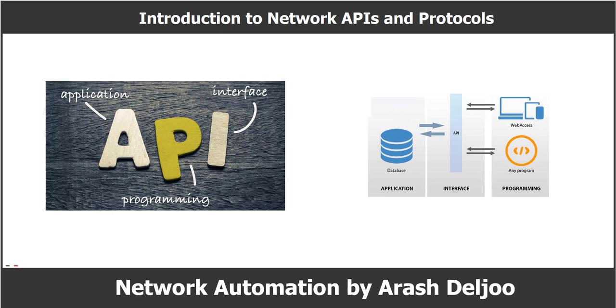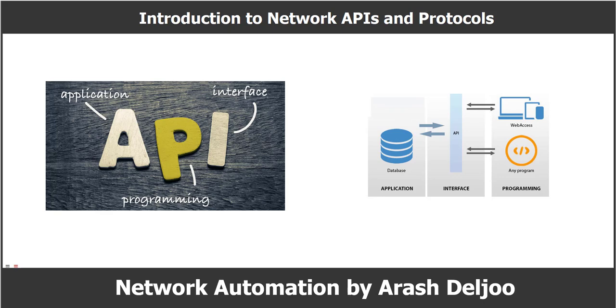For years, users have been communicating with applications through user interfaces, or UIs, by viewing information and requesting data from the application. When a software system wants to communicate with another software system, that is where APIs come into play.